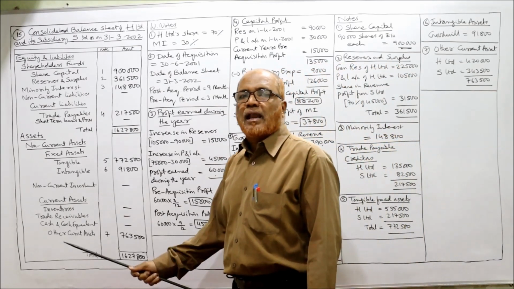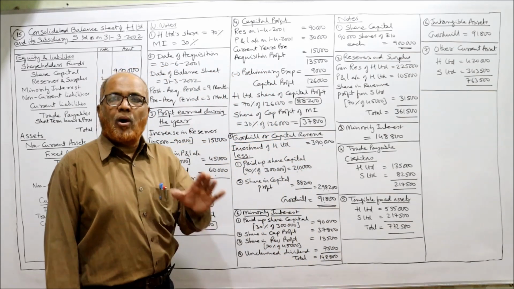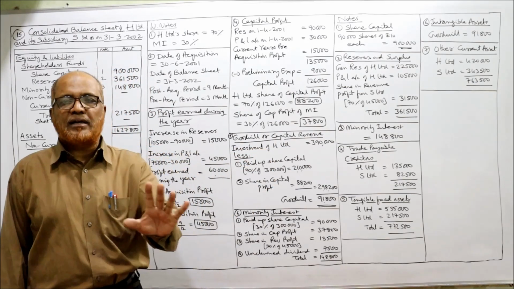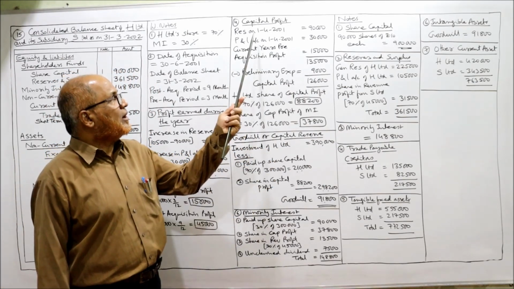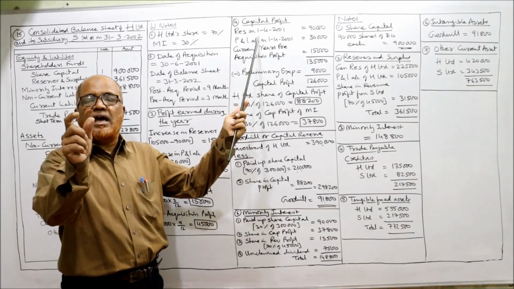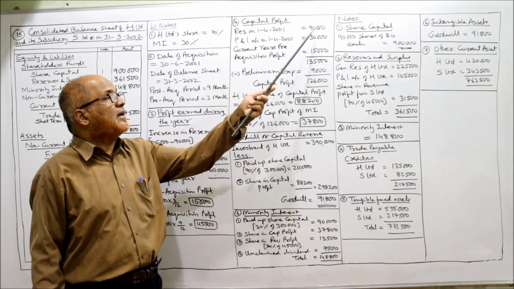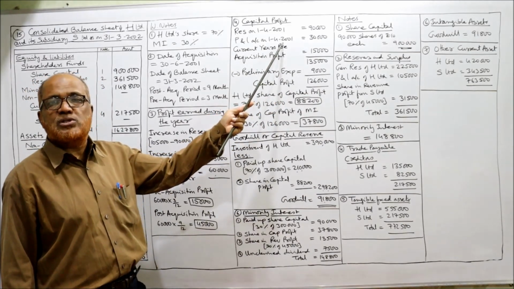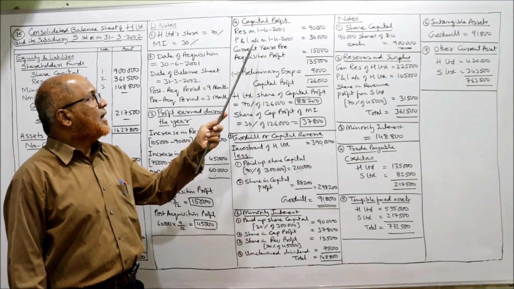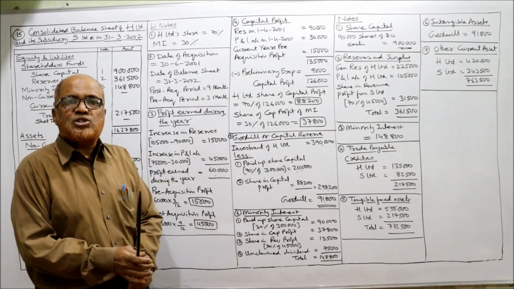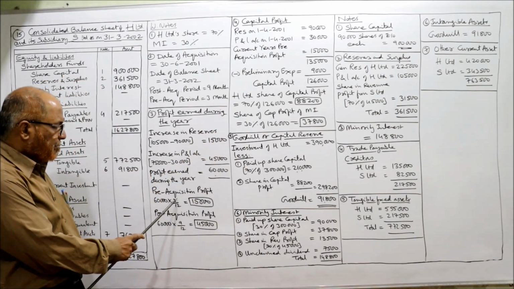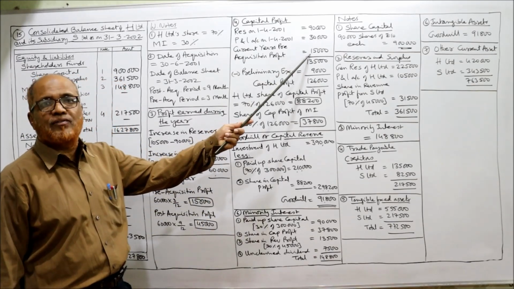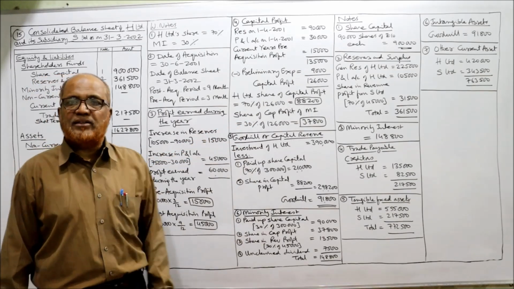Now we calculate the total capital profit. All the profit and reserves before acquisition is called capital profit. First of all, reserves on 1st April 2001, given in the problem, 90,000. That is capital profit. Similarly, profit and loss account on 1/4/2001, 30,000. This is also capital profit. Pre-acquisition profit of the current year, 15,000, is also capital profit. The total is 1,35,000.